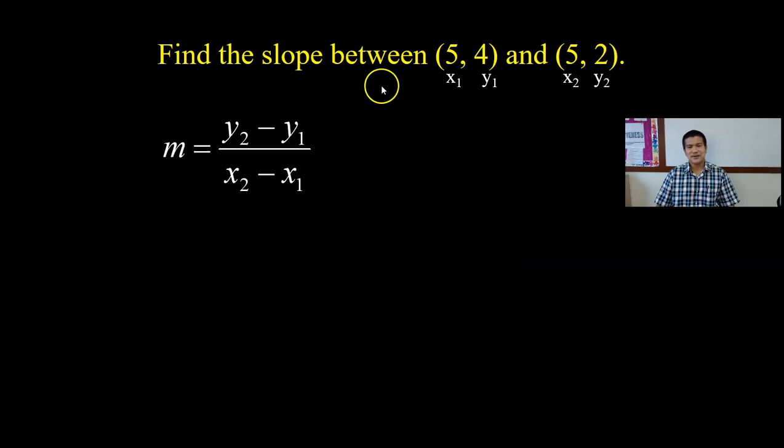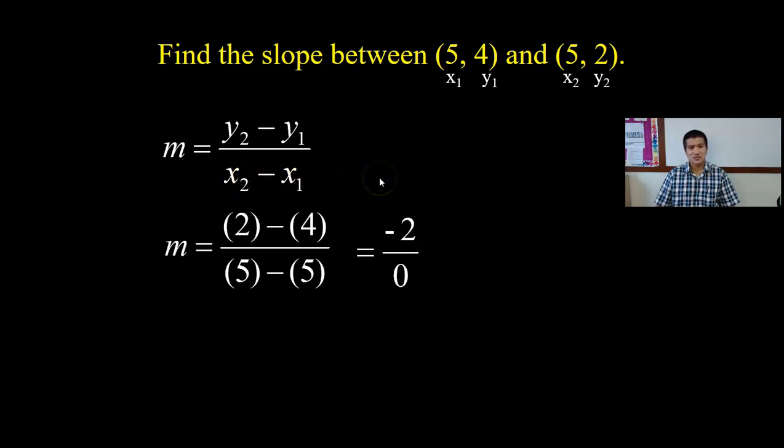For example, find the slope between (5, 4) and (5, 2). So we will get y sub 2 minus y sub 1 over x sub 2 minus x sub 1. So we will get 2 minus 4 is -2, 5 minus 5 equals 0. What do you observe in this equation?